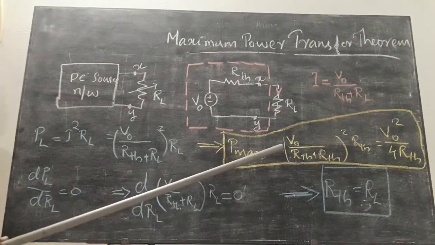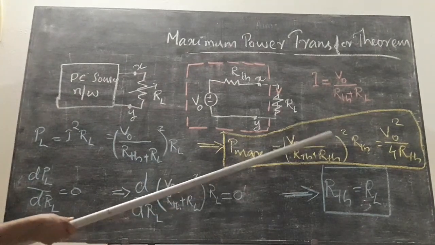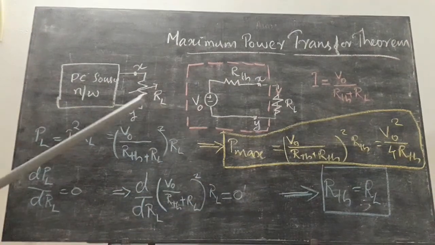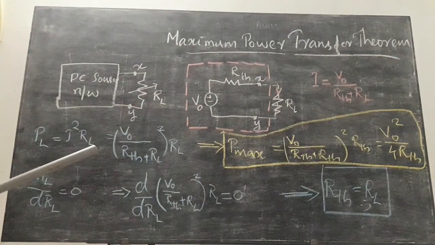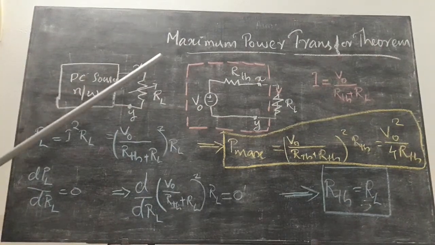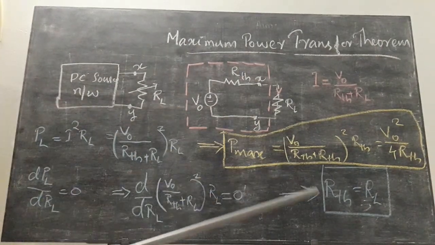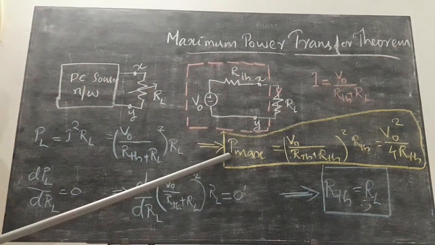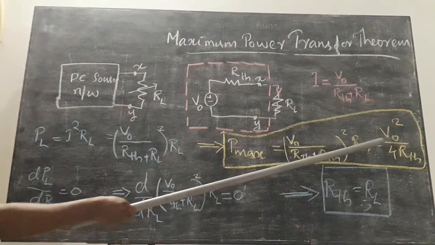So the equation changes to V0 by RTH plus RTH whole square, into RTH, and the result is V0 square by 4 RTH. So we should know that for the maximum power transfer theorem, maximum power transfer occurs when source resistance equals load resistance, and the amount of maximum power transferred from source to load is equal to V0 square by 4 RTH.